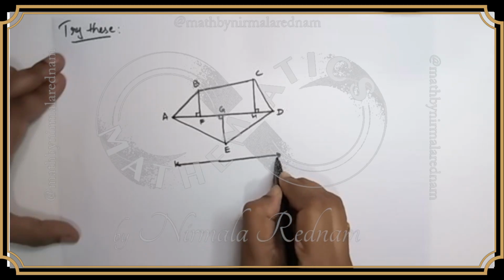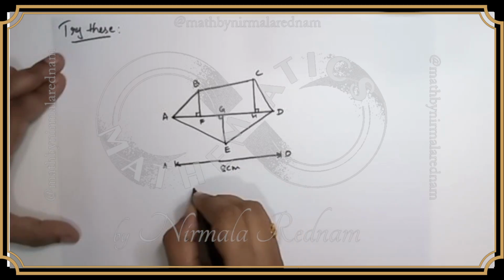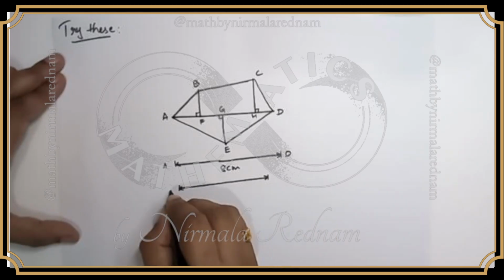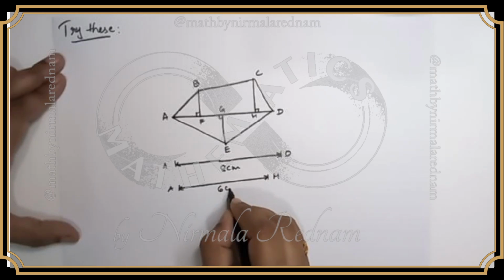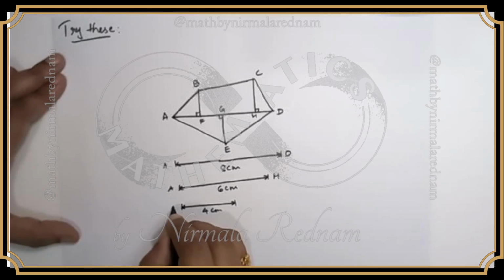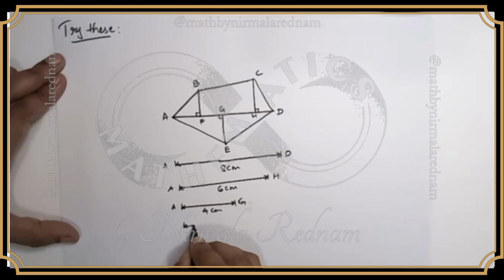AD is given as 8 centimeters, right? This is 8 centimeters. And then they have given AH. AH is given as 6 centimeters. And then they have given AG. AG is given as 4 centimeters, right? And then I have AF. AF is given as 3 centimeters.